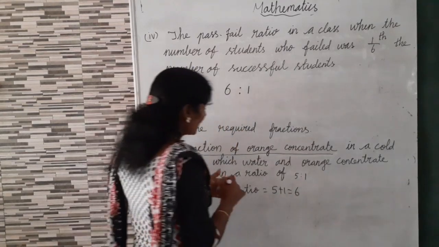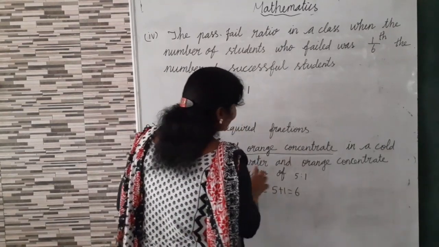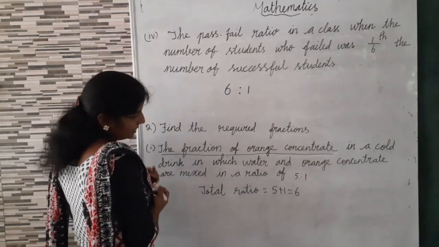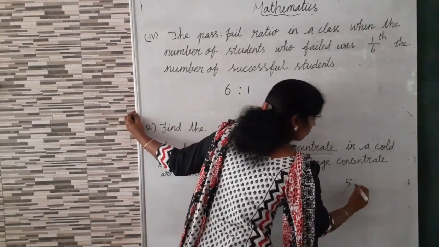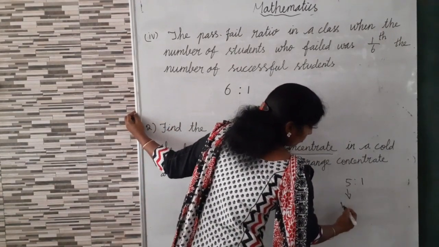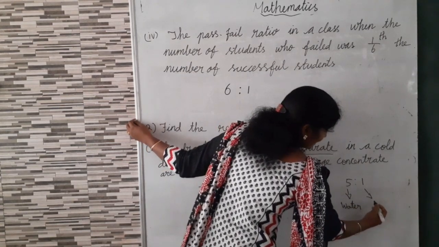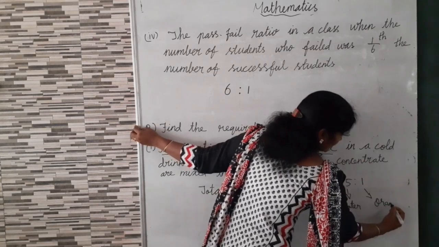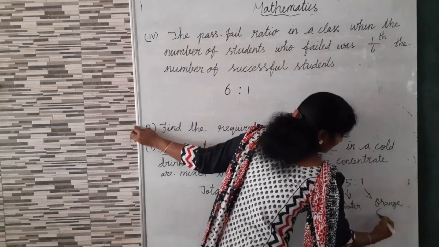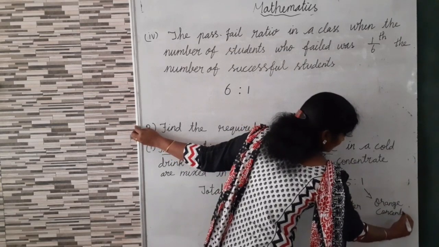Isn't it? Here 5 is water and 1 is orange concentrate. 5:1. Here this is water. This is orange concentrate.